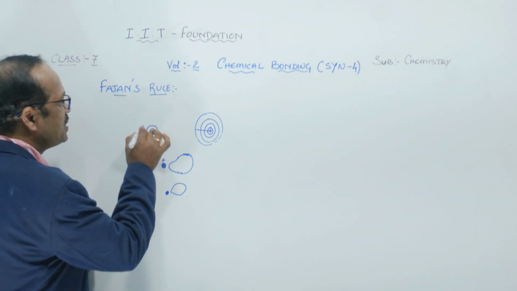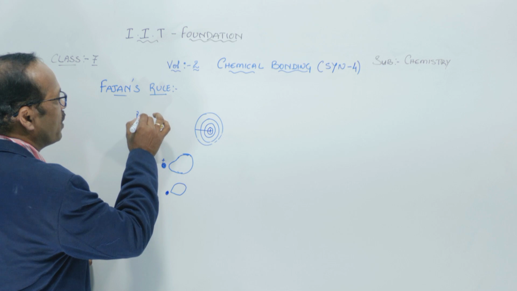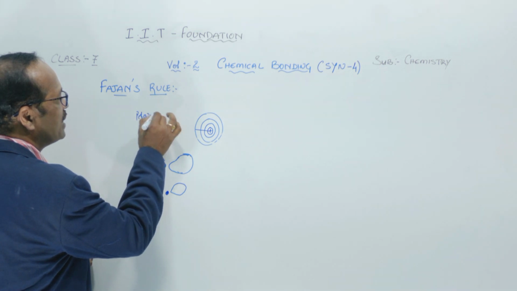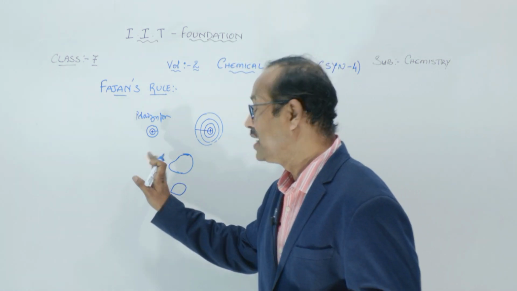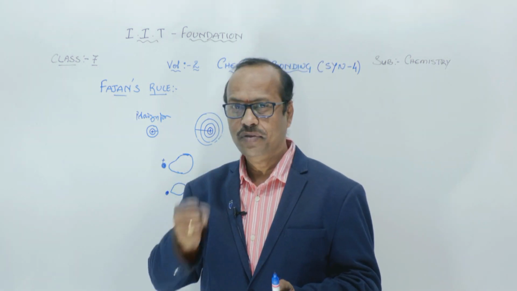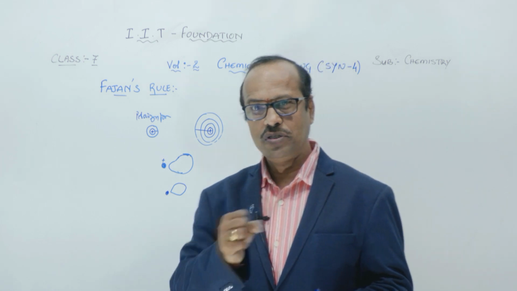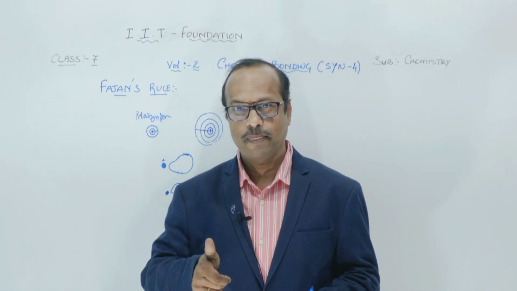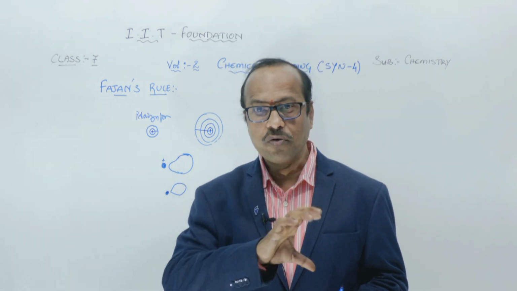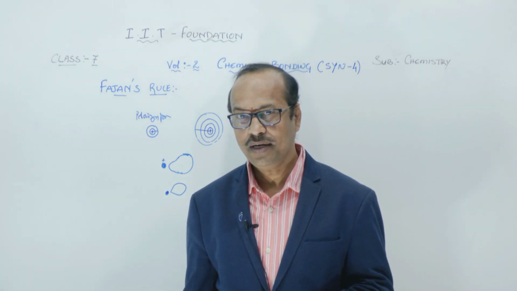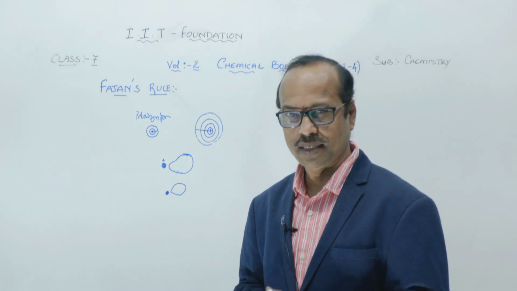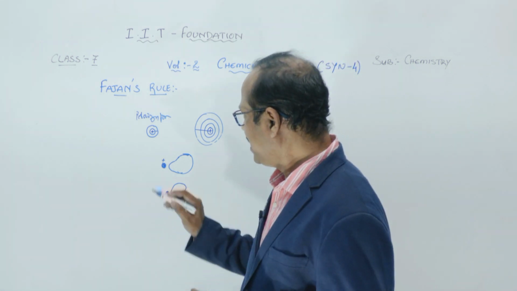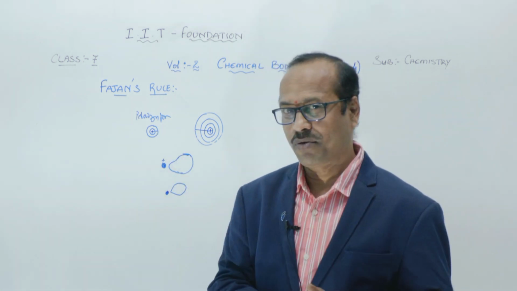This is called polarizing power, which belongs to the cation. Due to this attraction, it changes the shape of the anion. So this is called polarizing power or polarization.